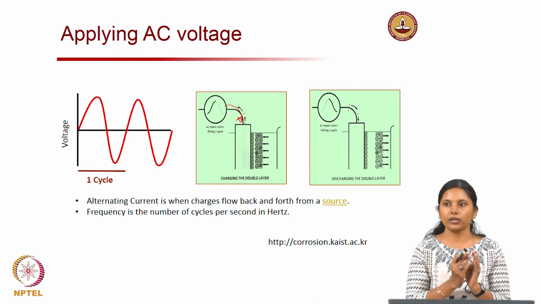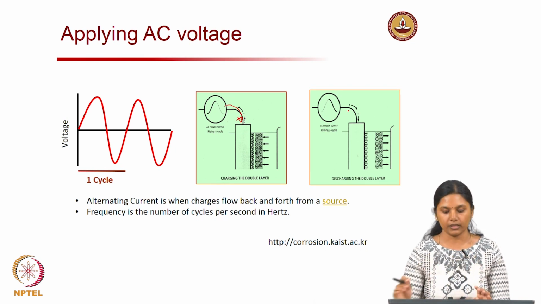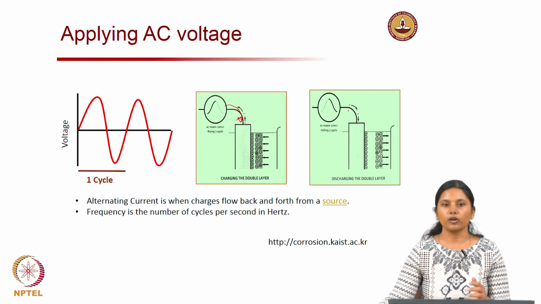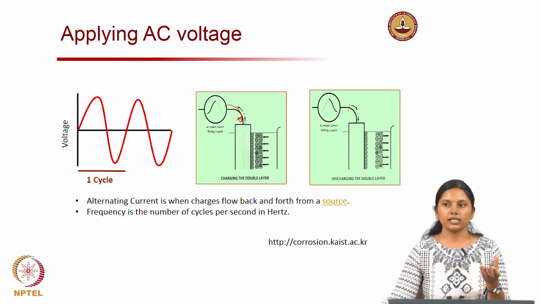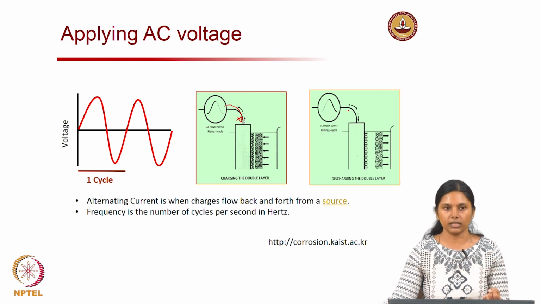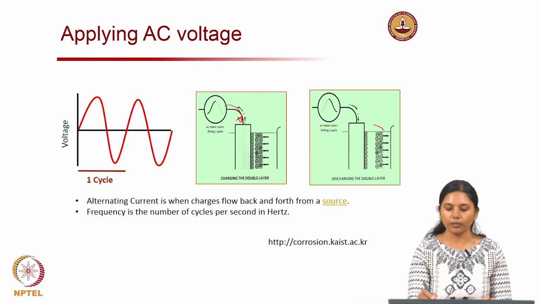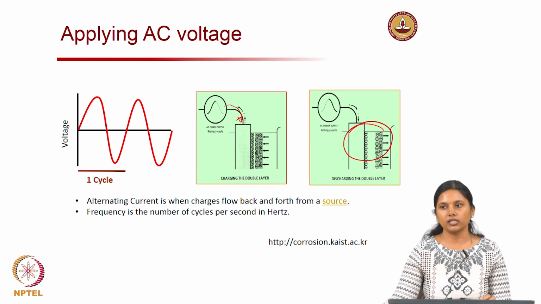When discharging happens, the diffuse layer moves away from it. So, this response will yield some data and we will understand about the system. For example, if the system has capacitance, if the system has resistance, the response from this kind of charging and discharging will yield us data and we can understand more about the system.